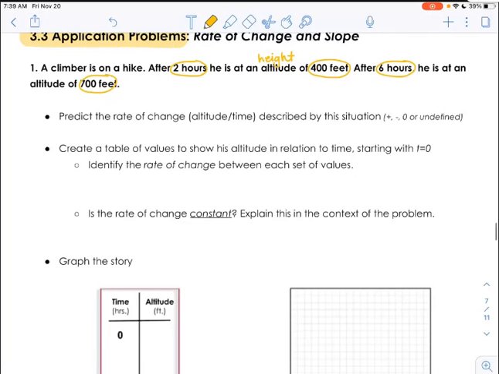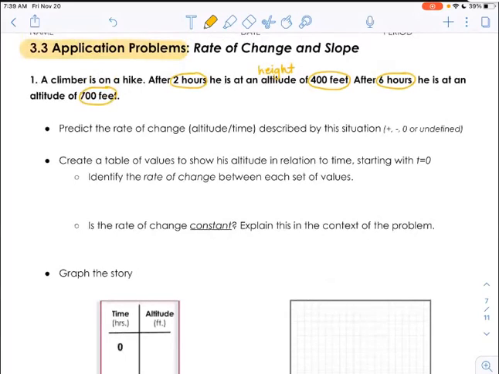So this gets back to what we did on the very first day of this week, where we were just trying to figure out what direction this line is going. Well, if I just think about it, time is passing. If that's our horizontal axis, time is passing, and this guy's height seems to be going up.